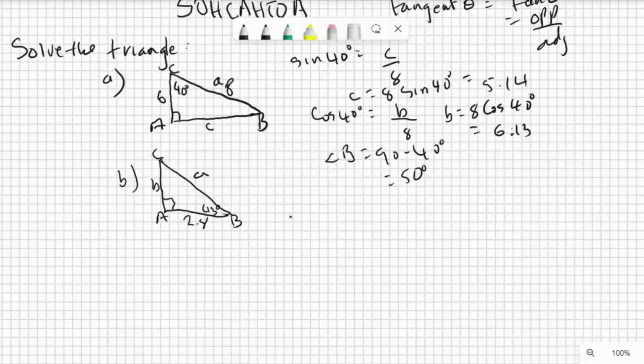So let's find now the unknowns. We are given 43 and 2.8. We would like to find b.